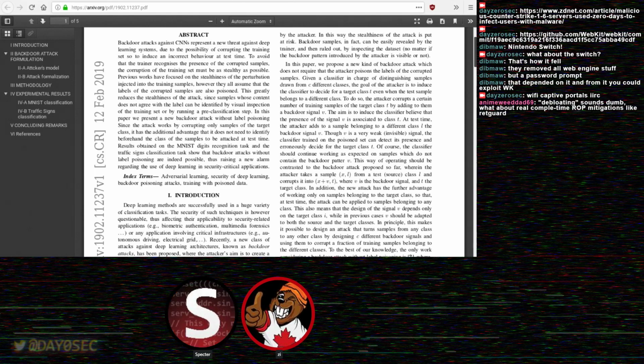So the interesting thing with this is rather than trying to poison the label, it tries to create a signal that the neural net will pick up on and can detect, but that isn't obvious to the human eye. I should mention, that's one of the key problems with poisoning labels: if any human goes through to try and verify these images, you can tell if it has the label stop sign and it's a picture of a traffic light, you know it's wrong.